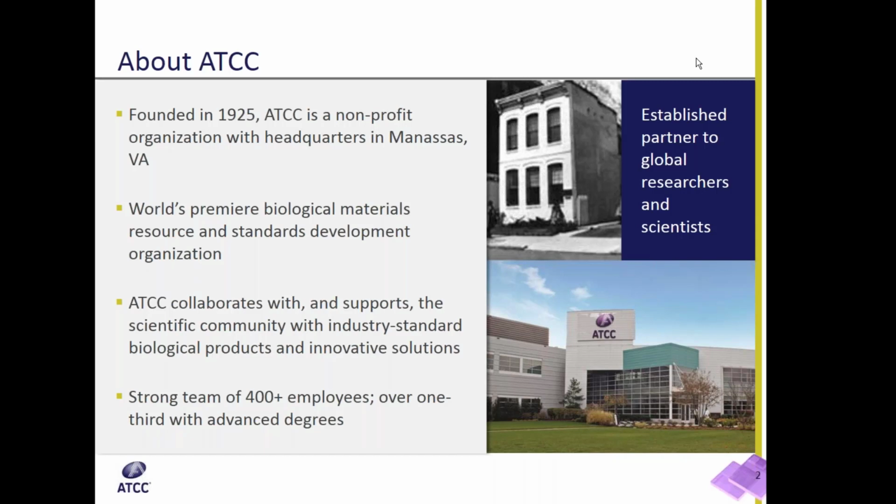This is done through a multifaceted approach that includes the acquisition of materials which are either deposited or identified as a unique means of supporting scientific needs, the authentication of materials through a polyphasic approach that employs genotypic, phenotypic, and functional analyses, the preservation of materials as low-passage stocks, and the development of both acquired materials and novel scientific tools that have been generated at ATCC.